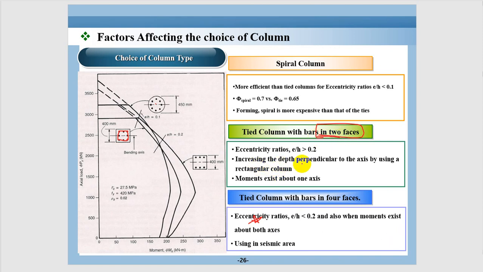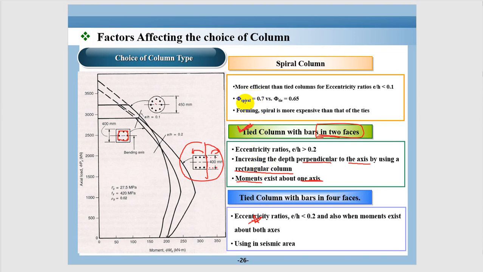Even if you can increase the depth perpendicular to the axis by using a rectangular column, that means even if you can locate your rebar as far as possible from the neutral axis to get a good eccentricity ratio, this column is not going to be well used for seismic areas because the moment capacity is not very good about two axes. It's good about one axis. So this column is not adapted for seismic designs.